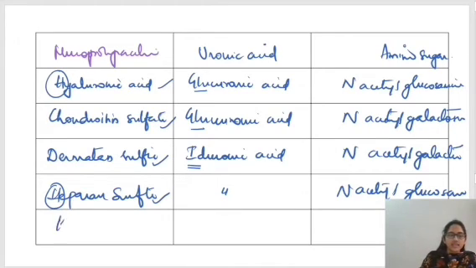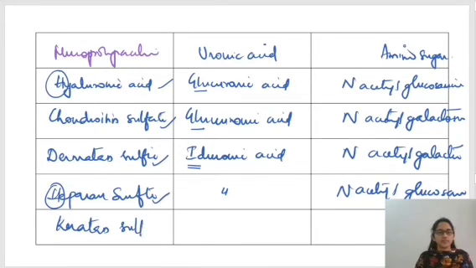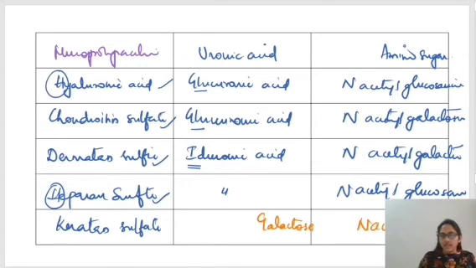And lastly, keratin sulfate. Keratin sulfate does not contain uronic acid. Instead, what does it contain? It contains galactose, sugar, and N-acetyl glucosamine.